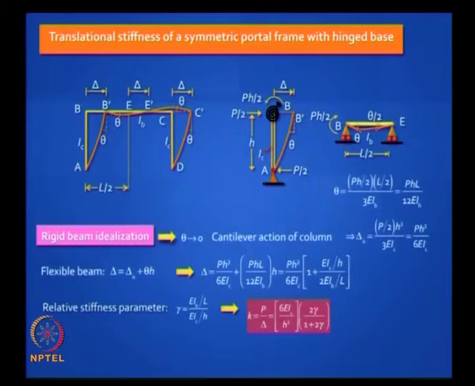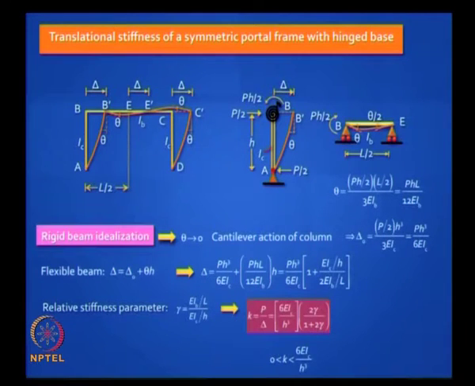So you can write K in terms of gamma, and you will find that the maximum value will be 6 EIC by H cubed, which is when the beam is infinitely rigid. If the beam is infinitely flexible, you have a problem, the system becomes unstable, because you have two internal hinges there and you have very large deflections, it will not survive. So is this clear? So this is one typical extreme problem.